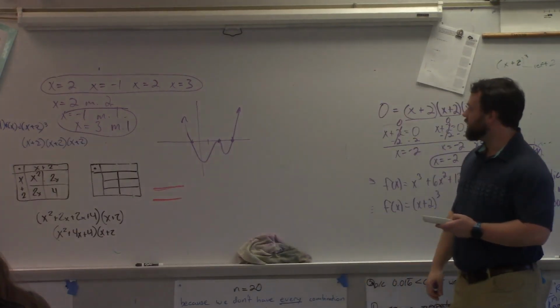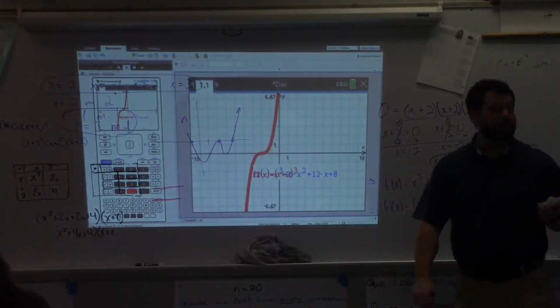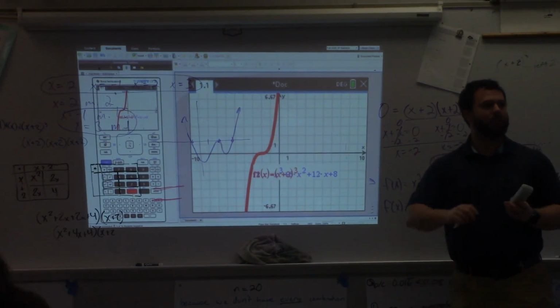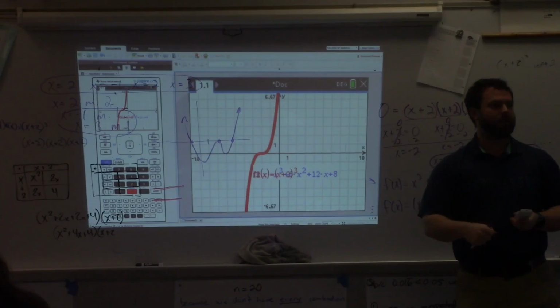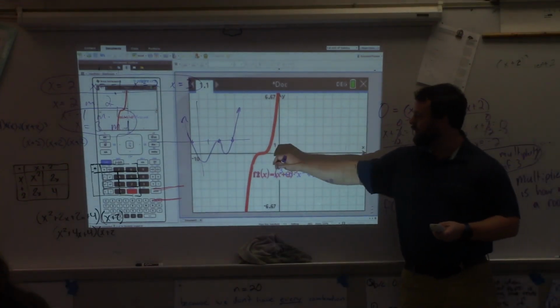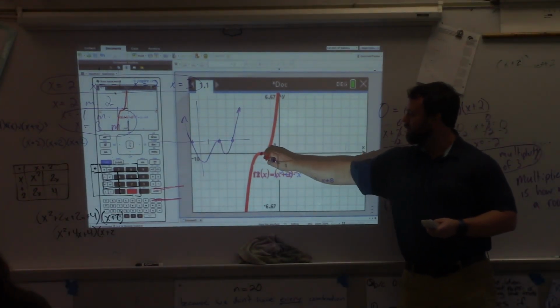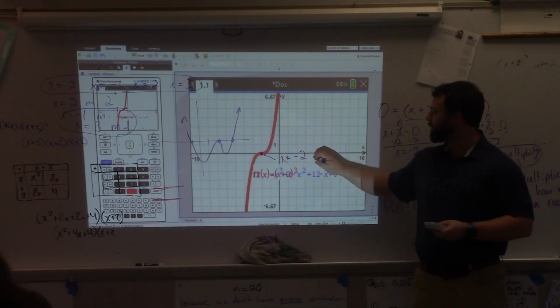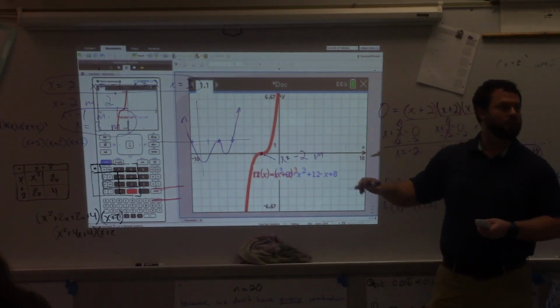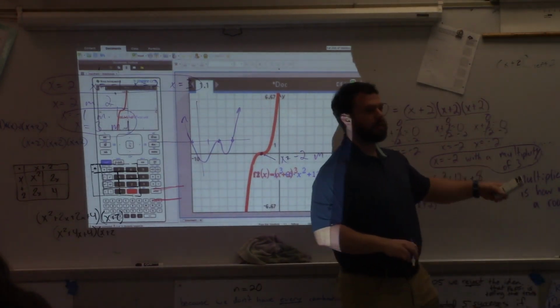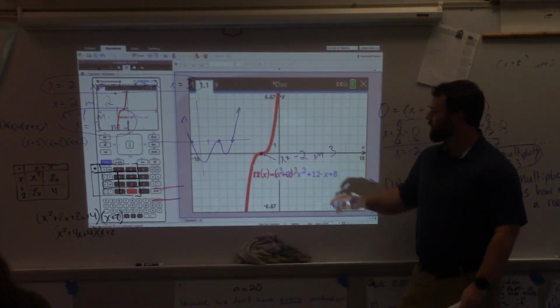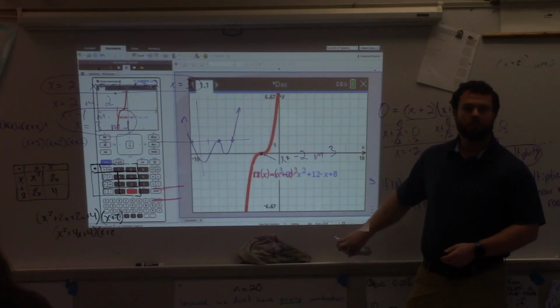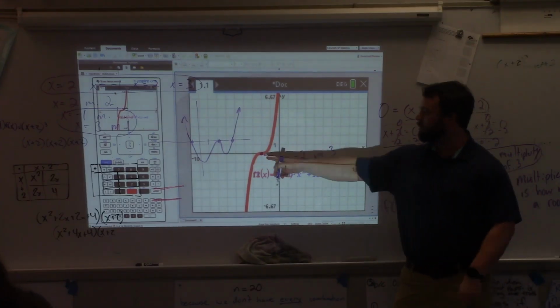Now I do want you to see this, and this is why I want you to be careful. Chelsea, I think you were the one that said when the multiplicity is more than 1, right? But right here, what's the multiplicity at this root? x equals negative 2, multiplicity of 3, right? When it was 3, did it bounce? No, it went through.